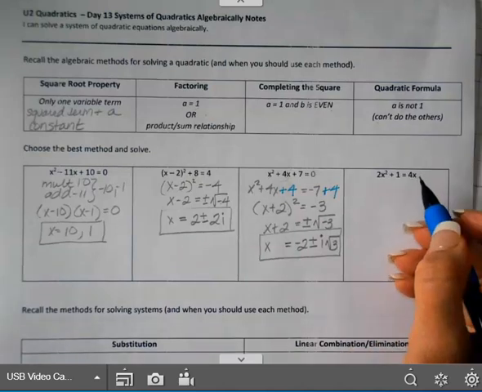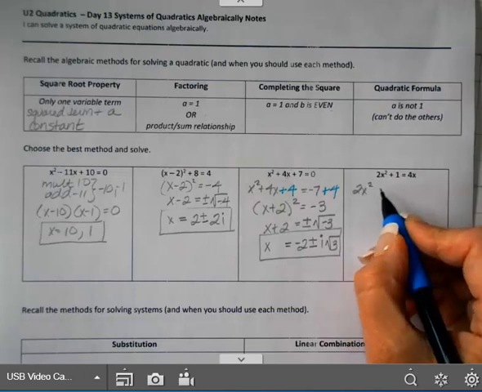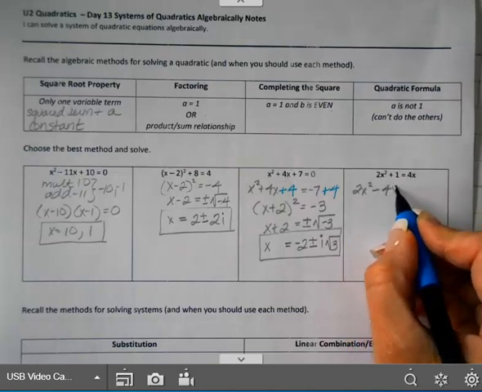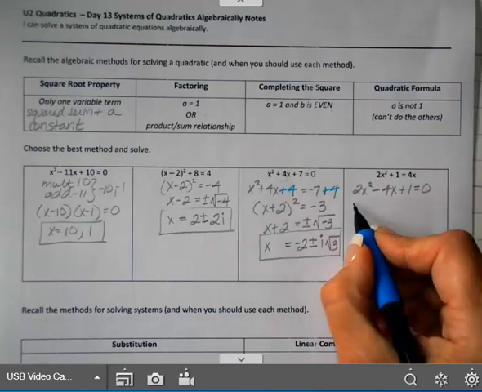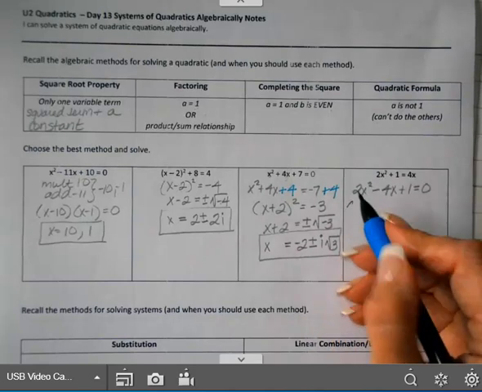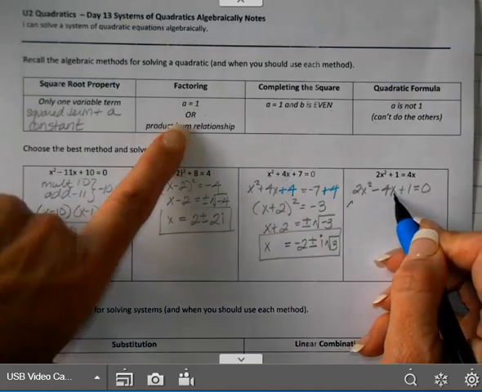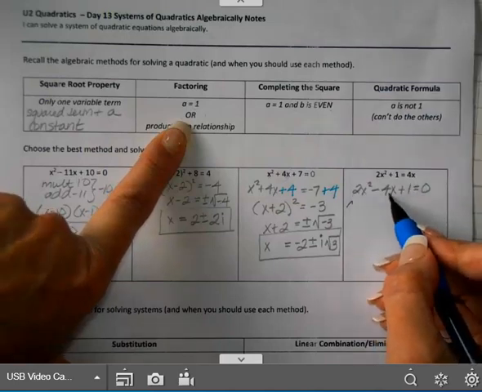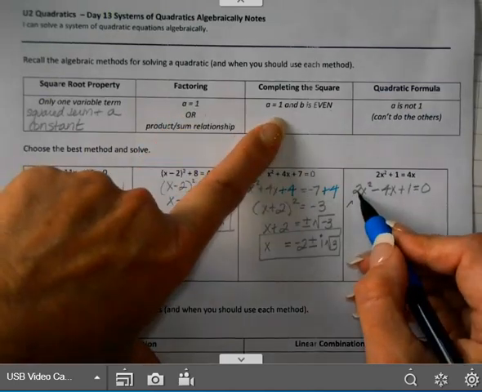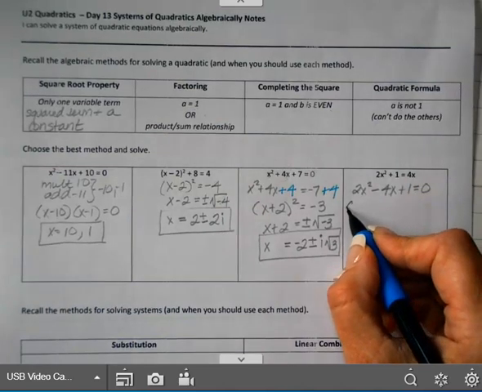On our last one, I need to move the 4x to the other side. So I'm going to subtract 4x. So in this case, I have a middle term, so square root property is out. Factoring, there's nothing that multiplies to 2 that adds to negative 4. A is not 1, so quadratic formula is my only option.